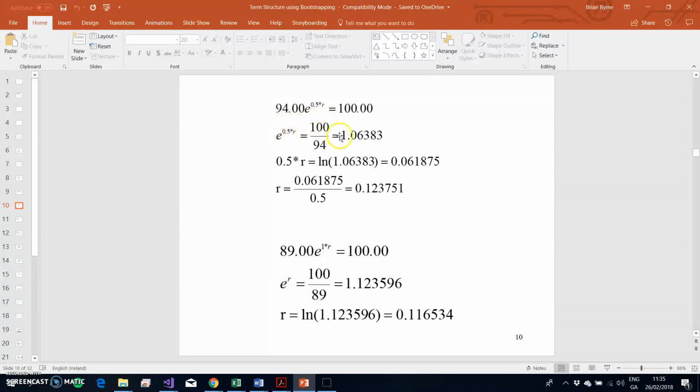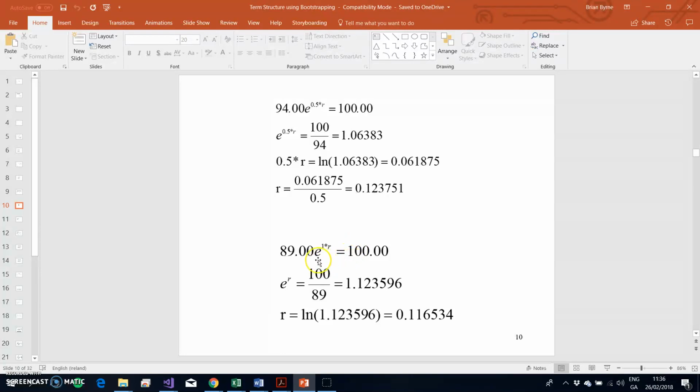We do some manipulation, we bring the 94 over, divide both sides by 94. Then to eliminate the e, which is a problem here, we take the natural logarithm of both sides. Natural logarithm of e^(0.5r) is just 0.5r. So by taking natural logarithm here and on the other side, we eliminate the exponential term, and that makes solving r a lot easier. We just divide across by 0.5, or equivalent to multiplying by 2.